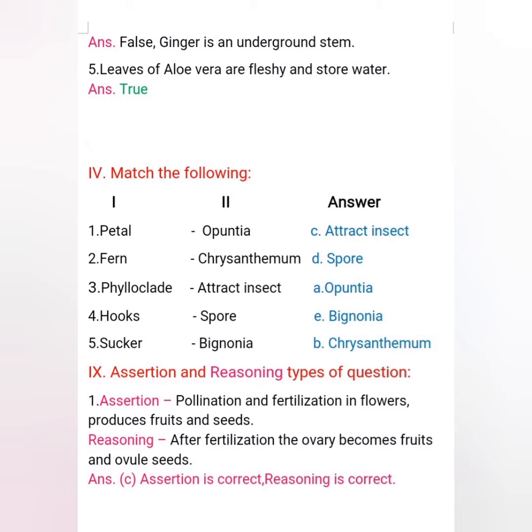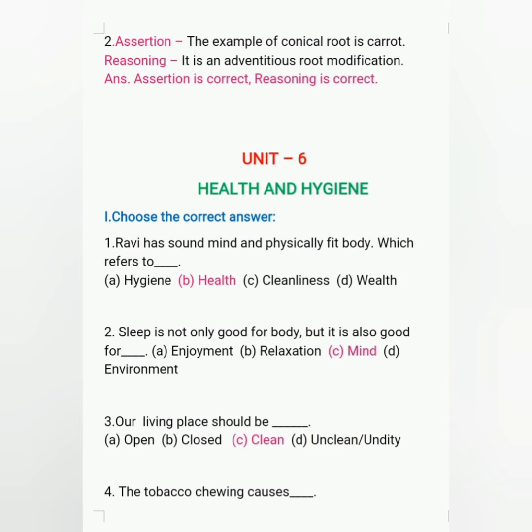The correct answer is assertion is right, reasoning is correct. Question number 2, assertion: the example of conical root is carrot. Reasoning: it is an advantageous root modification. The answer is assertion is correct, reasoning is correct.